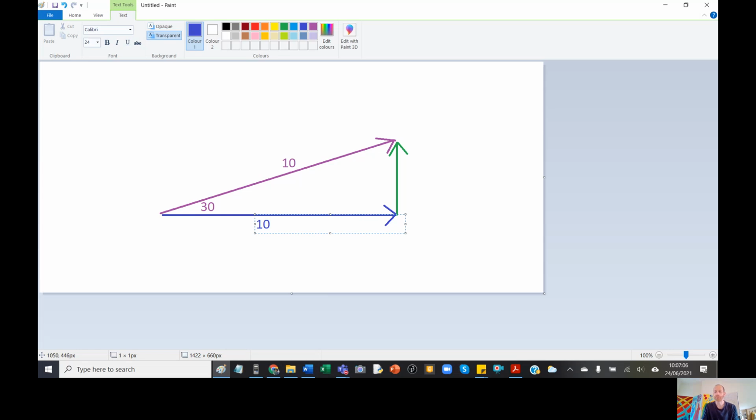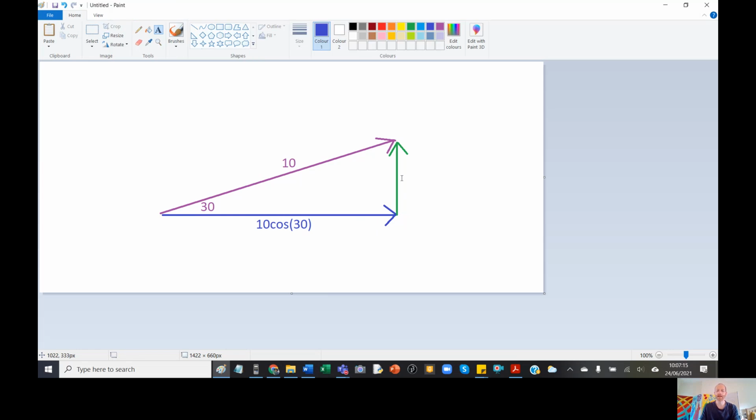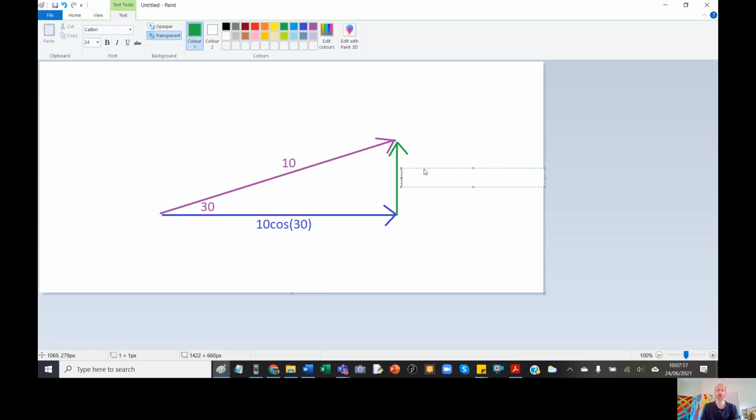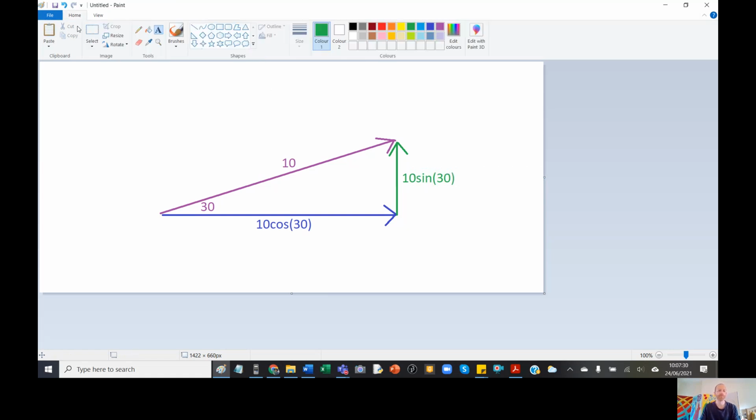So you can either work it out the long way by putting a right angle in the bottom right corner and doing your SOHCAHTOA thing, or you can use the slightly more mechanics approach of saying, look, we know that if you resolve a force through an angle, you use cos, and if you resolve perpendicular to that direction, you use sine. So we get 10 cos 30 on the bottom and 10 sine 30 up the side.